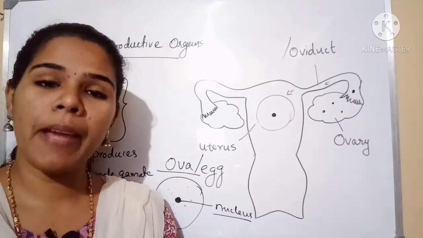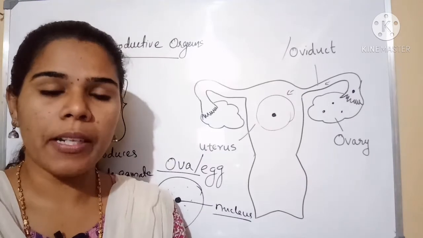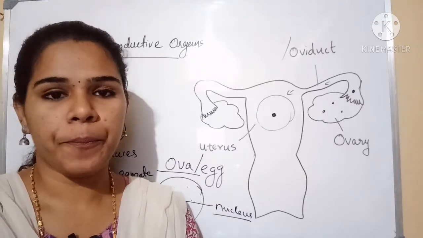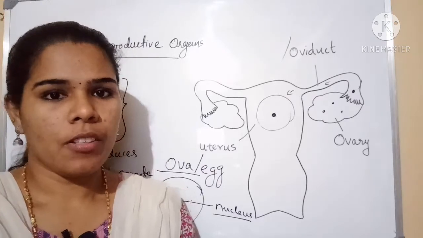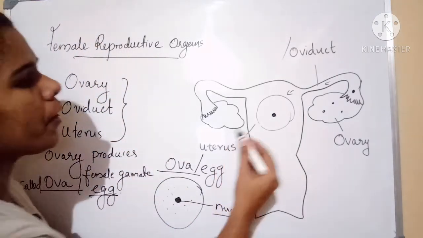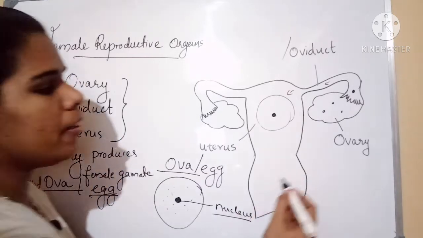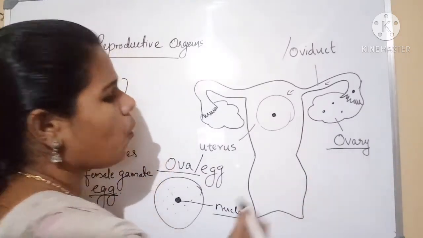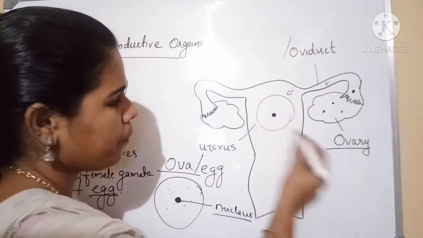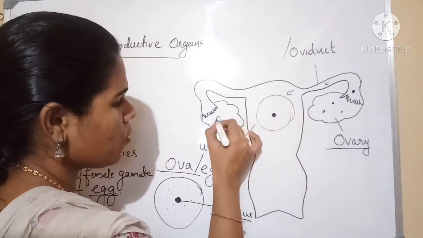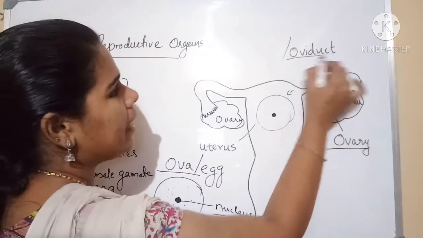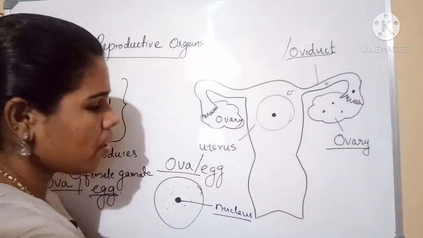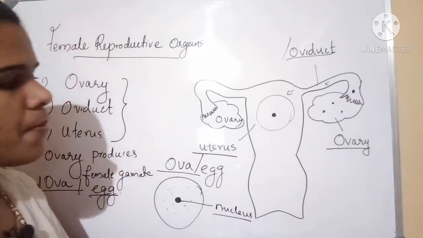In the case of male, they produce sperms. So these are the three important parts of the female reproductive organ: a pair of ovary, an oviduct or fallopian tubes, and a uterus.